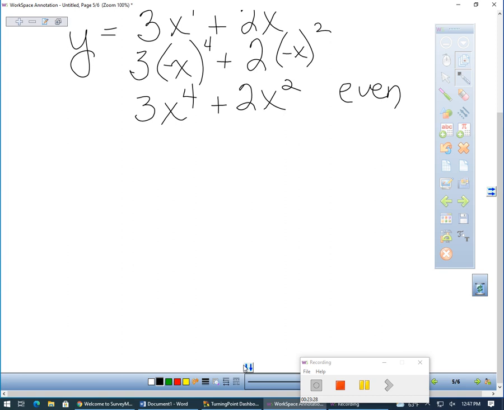The homework is going to be on page 95. 29 to 61, odd. Okay? 29 to 61, page 95. Same page we were on before. I have that page posted in Google Classroom. 29 through 61. Odd.